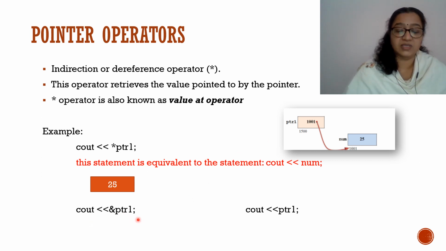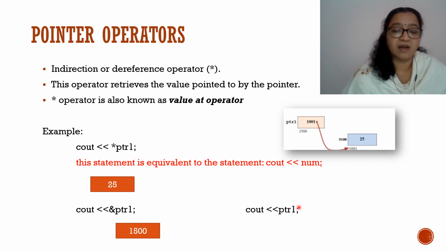Yeah, 1500 is the answer. Clear? Now see cout PTR1. We didn't put the ampersand sign, the address of operator, here. Directly we are printing the value of PTR1. So just see what is the content inside that PTR1. 1001 is the value inside that PTR1. So we will get 1001.